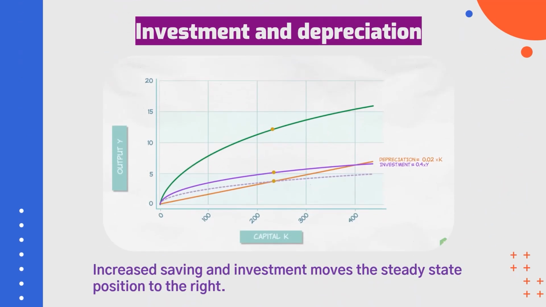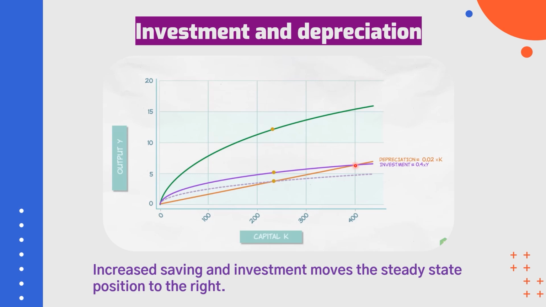But the question arises, what if we try to save not 30% of our income, as in the previous case? What if we try to save more? So we increase our marginal propensity to save. In this case, this steady state would move to the right, and this situation will occur later, but it does not solve the problem at its core.